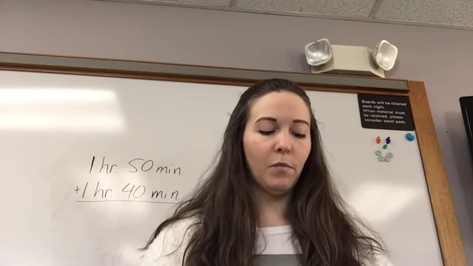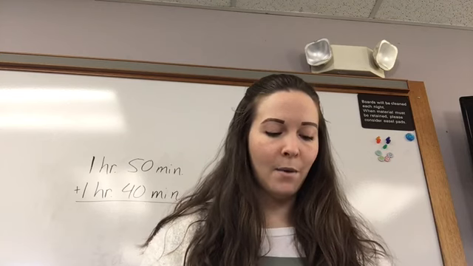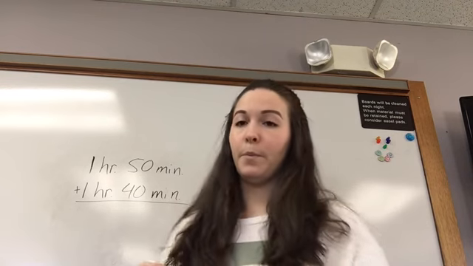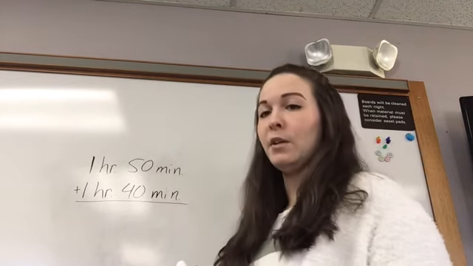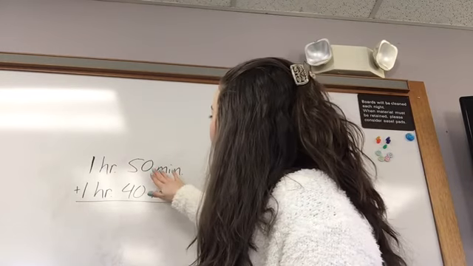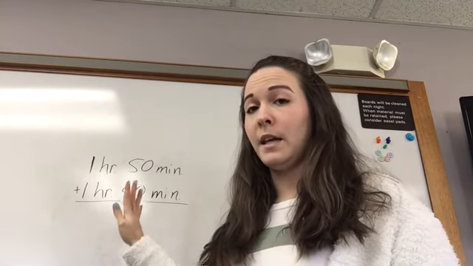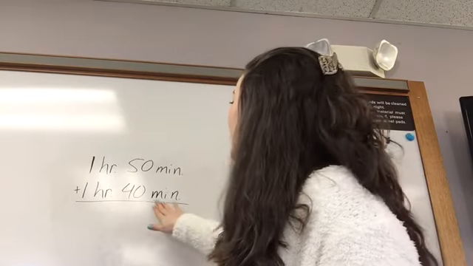Example 1, we have 1 hour and 40 minutes added to 1 hour and 50 minutes. So looking at our problem here on the board, we can only add together measures that are in the same unit.